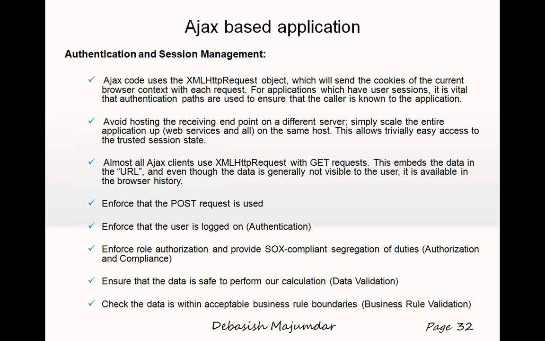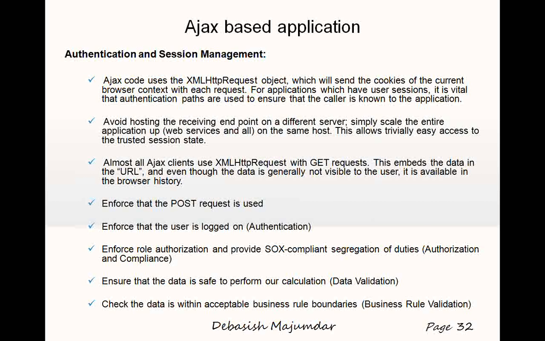Also, there are Ajax clients which use the XML HTTP requests with the GET request. This embeds data in the URL. Even though the data is generally not visible to the user, it would be available in the browser history. So enforce the POST request wherever it is used, ensure that the user is logged on, and ensure that the data is safe to perform our own calculation.